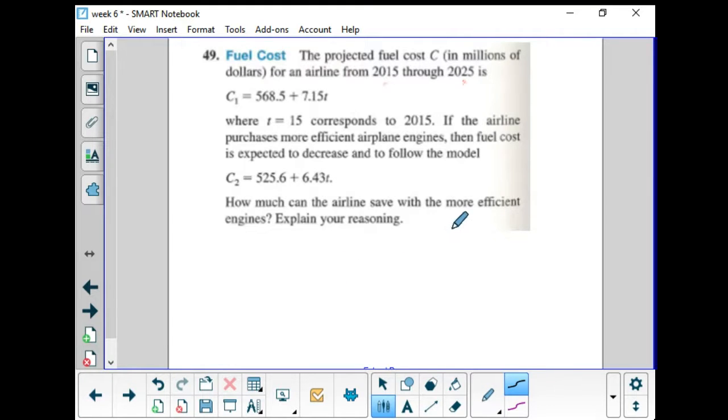The problem then asks us, how much money will the airline save? Well, it doesn't specify a time frame for the savings. It doesn't specify when we're going to make the change. So I'm going to add that on here. Let's say we made the change in 2020.